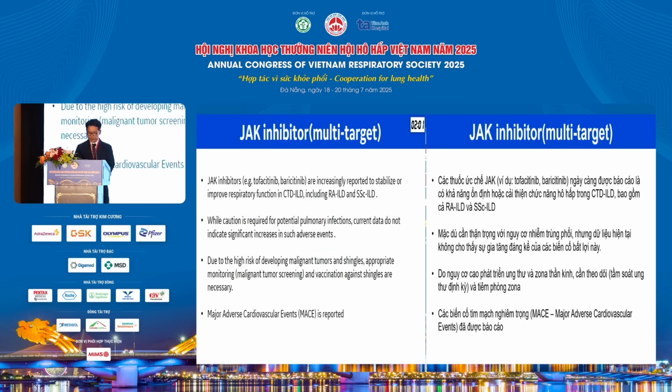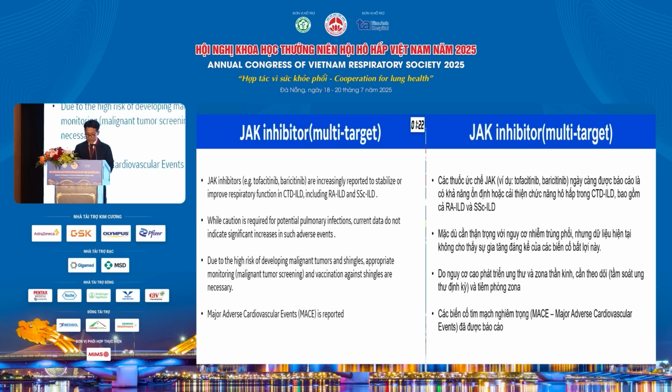JAK inhibitors have recently begun to be used for CTD-ILD. Their efficacy has been reported particularly in RA-ILD and SSc-ILD. While some reports suggest that the risk of infection and malignant tumor is not significant, it is still a risk in clinical use, so we need to be aware of malignancy and infection.